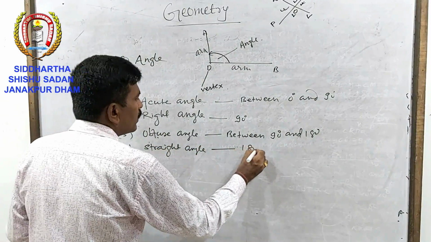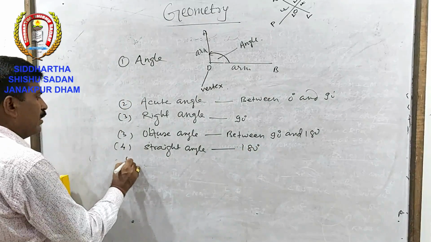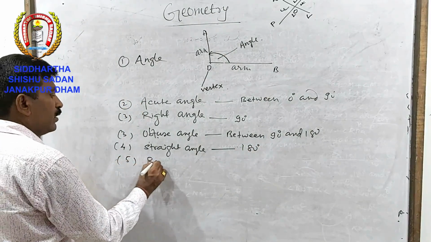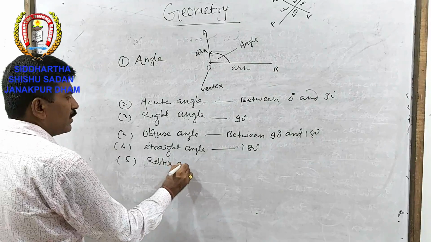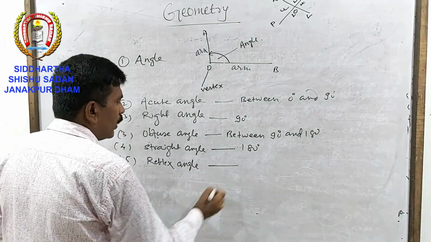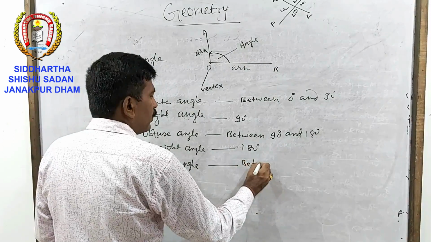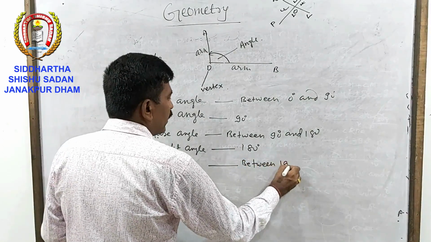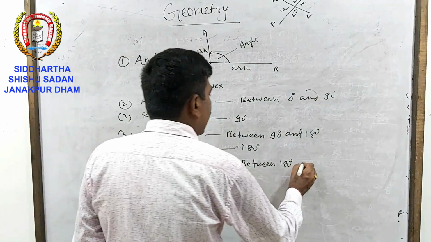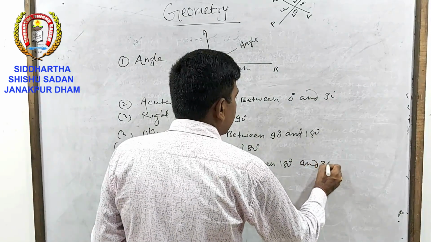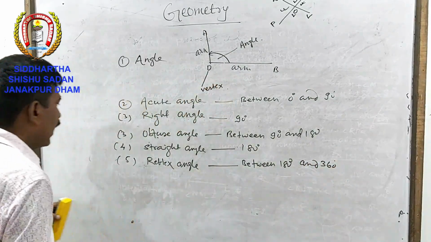That means angle of how much degree? 180 degree. Number 5, reflex angle. What we have learned? Reflex angle between 180 degree and 360 degree.